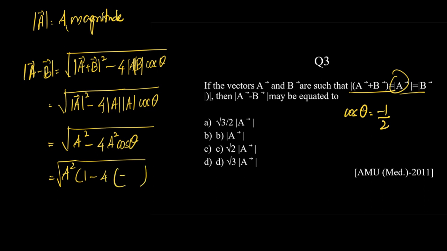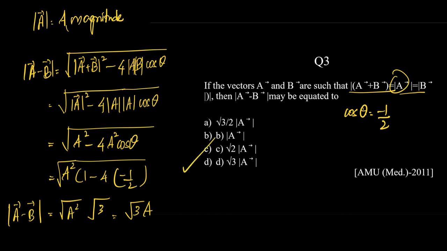Cos theta is minus 1 by 2. So this becomes root of a square into 1 plus 2, which is 3, and therefore the modulus of vector a minus vector b is equal to root 3 a, which gives us the correct option to be option D.